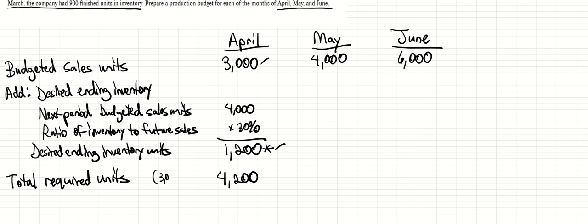This is the 3,000 units, coming from the budgeted sales, plus the 1,200 desired ending inventory in units.